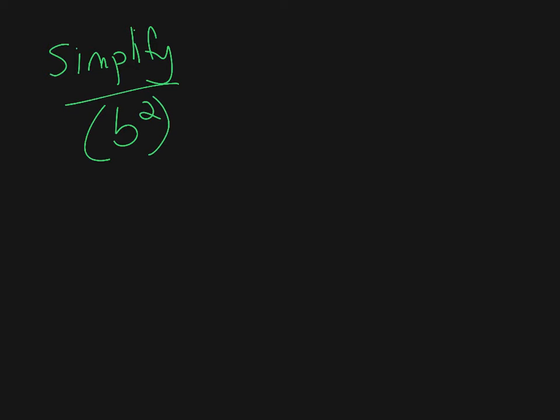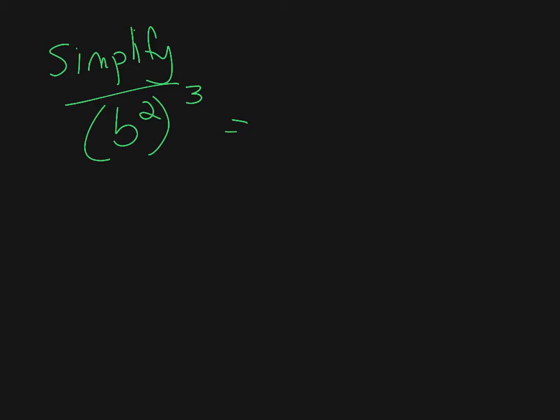Okay, so let's have a go at some practice, okay? So this time we are going to simplify straight from what we've got. So for example, let's say we have b to the power of 2, close brackets to the power of 3.